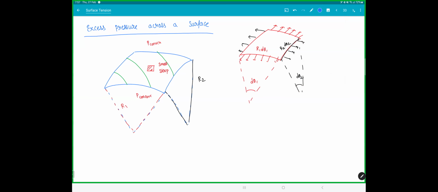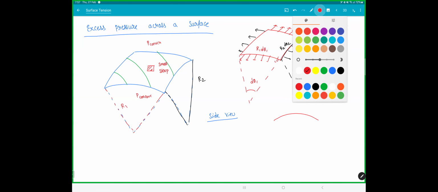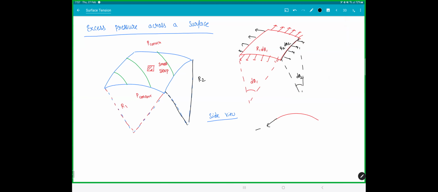So if you look at the side view, this is that circle cutting which we did today. Let me write the red one. So in the side view, if you look at the red one, the forces are the black ones. The tension is T2. So T2 is pulling it.